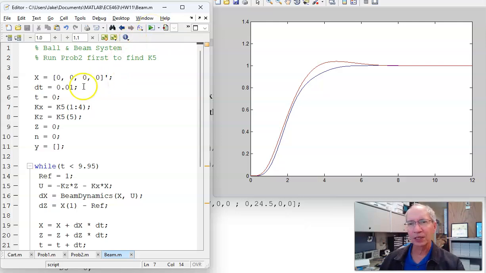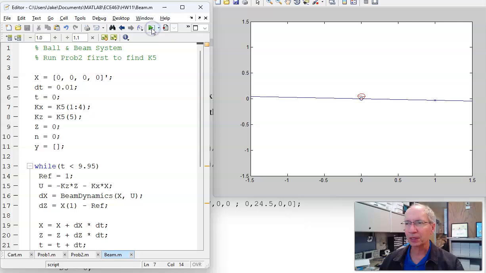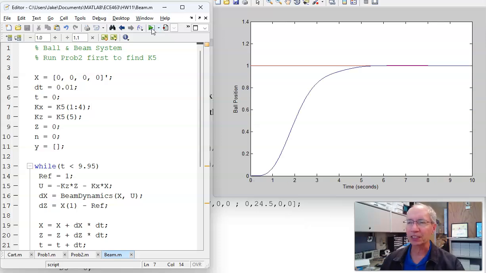Let's try it. Take the feedback gains that I calculated on the linear system and apply them to the nonlinear system. That actually looks pretty good. I'm happy with that. So there's my feedback control law, where the feedback gains are found using LQR techniques.